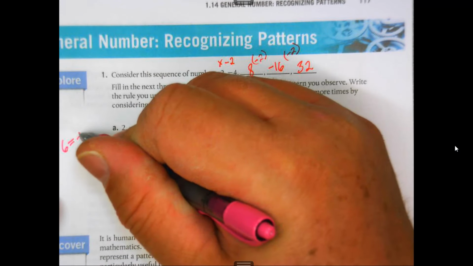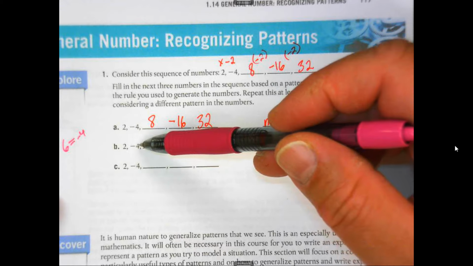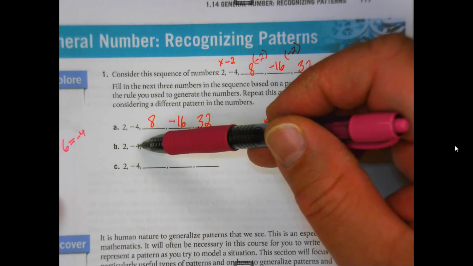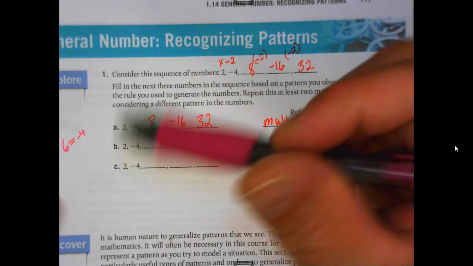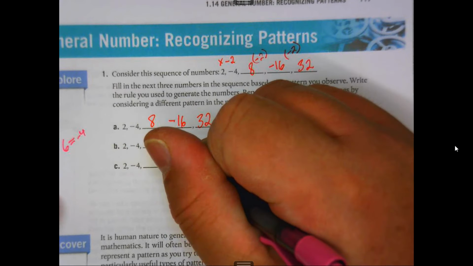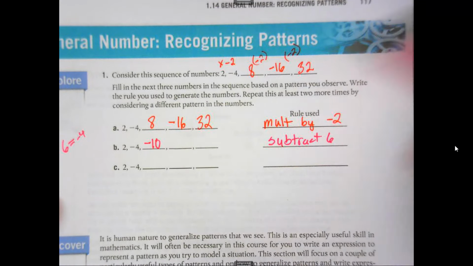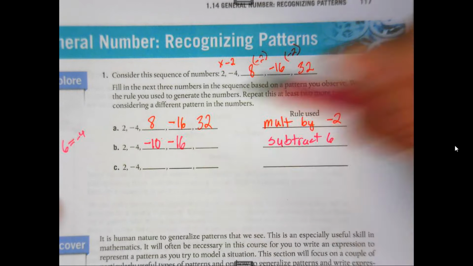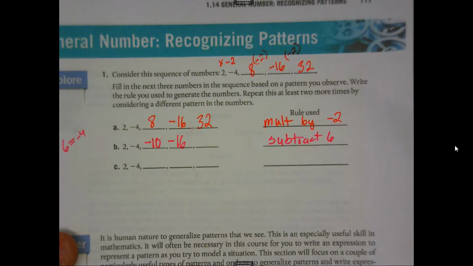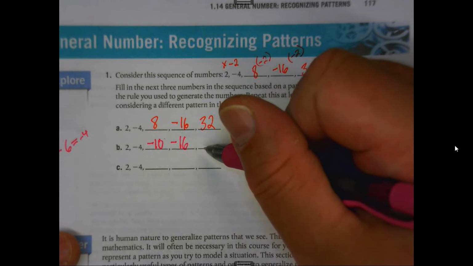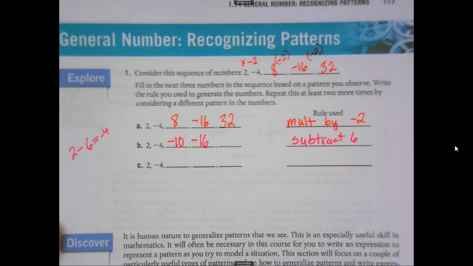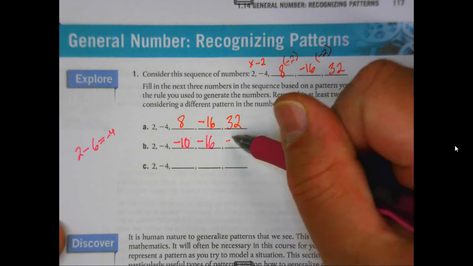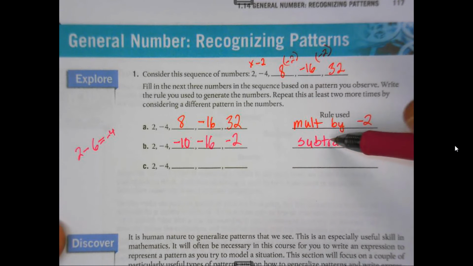So I do that to -4. -4 minus 6 is -10, -10 minus 6 is -16, -16 minus 6 is -22. Okay, so the rule I used that time was subtract 6.